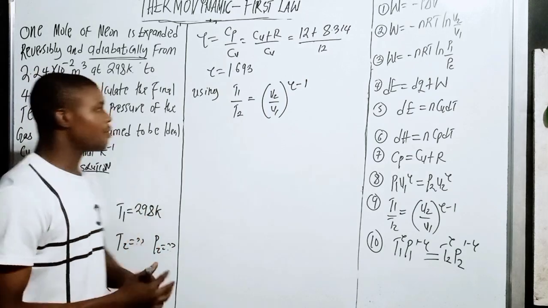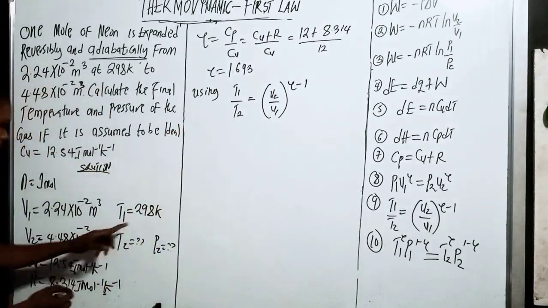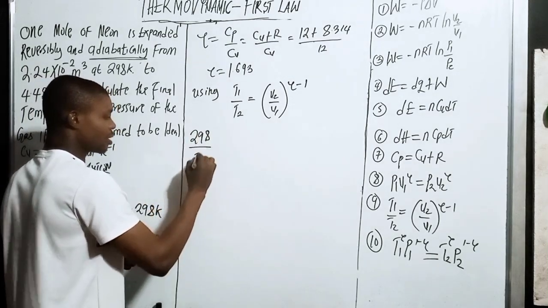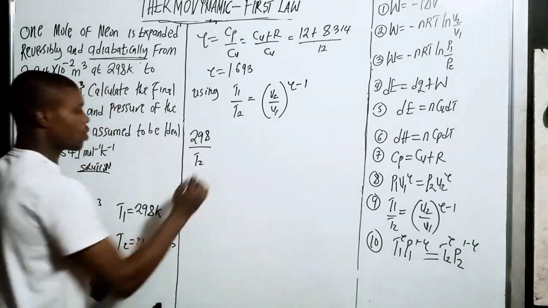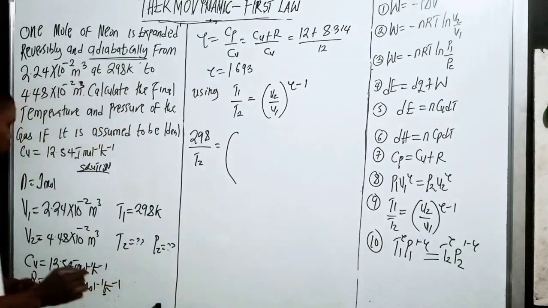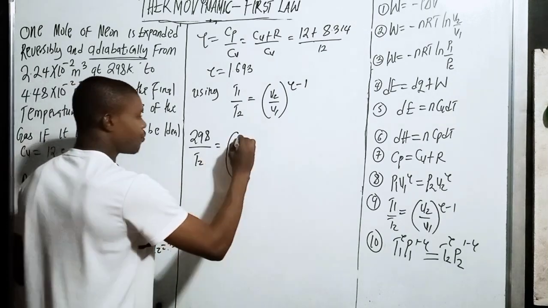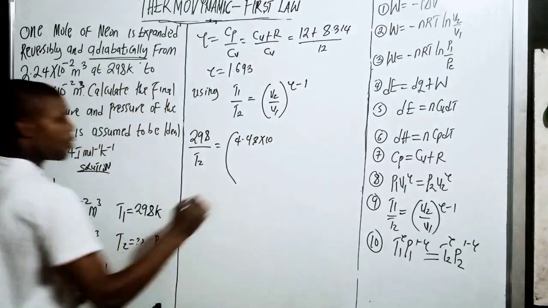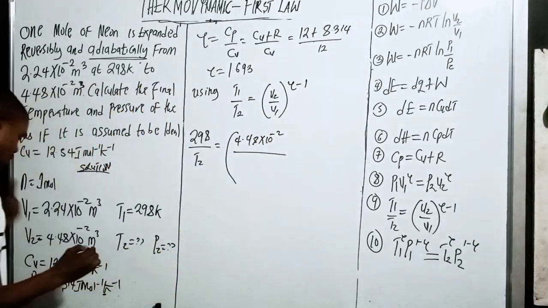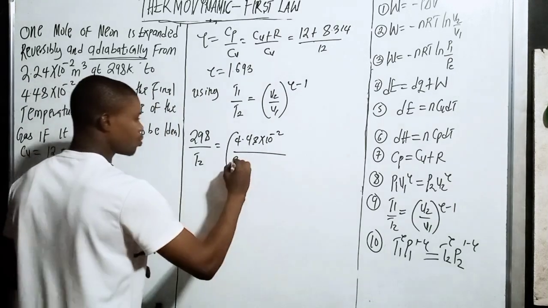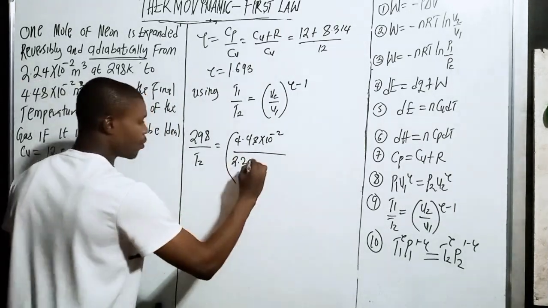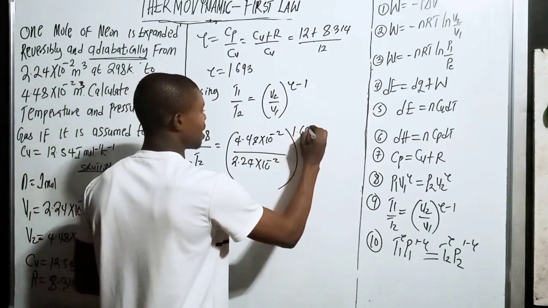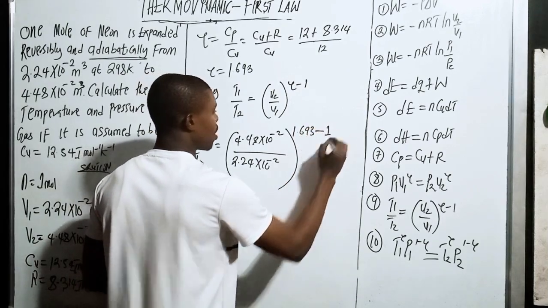So this is what I'm going to make use of here. Let's substitute our values. What is my T1? My T1 is 298. So 298 over T2, which I'm looking for, equals V2, which is 4.48 × 10^-2, over V1, which is 2.24 × 10^-2, to the power 1.693 minus 1.